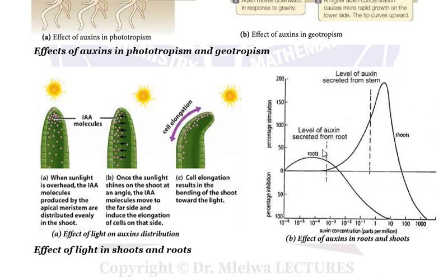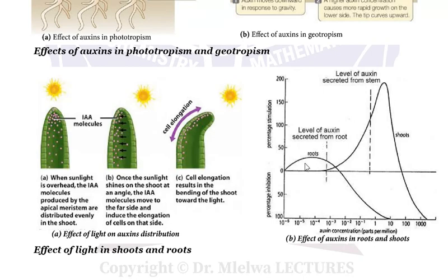And at this point, as you can see, this is the level of auxin secreted from roots, the level of auxin which starts to stimulate the shoot development. And as you can see, the maximum level of root development stimulation doesn't stimulate the shoot at all.